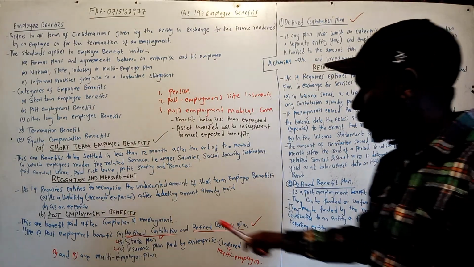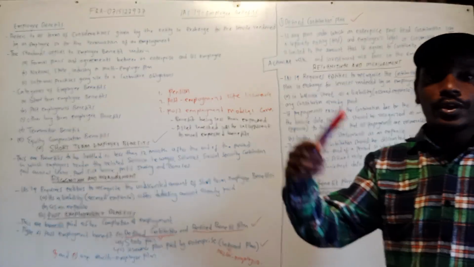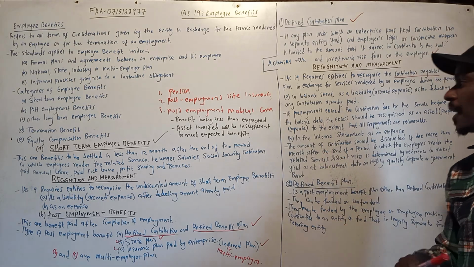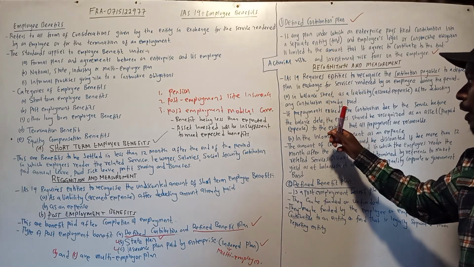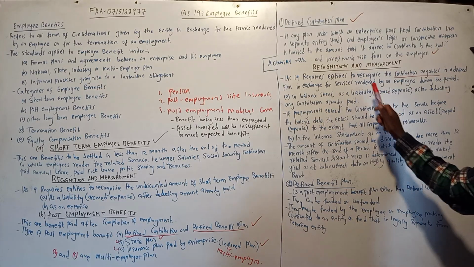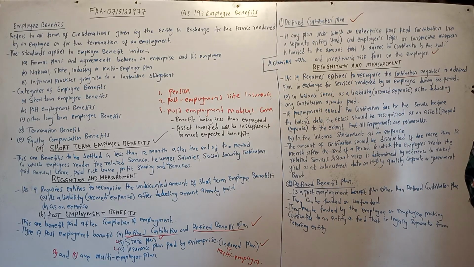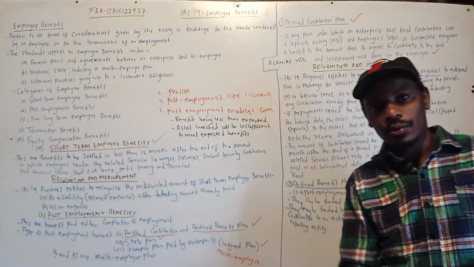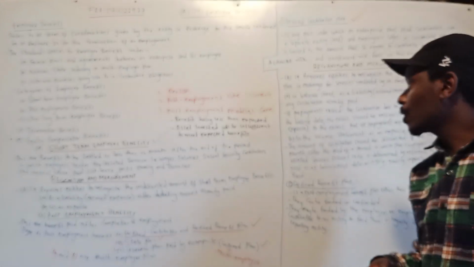If it is not being paid, we recognize it as an expense and also as a liability in the balance sheet, after deducting the amount that has already been paid. Any unpaid amount shall be recognized as a liability.